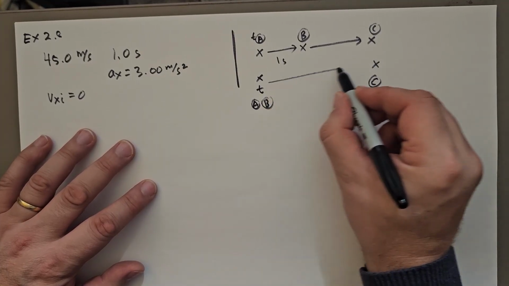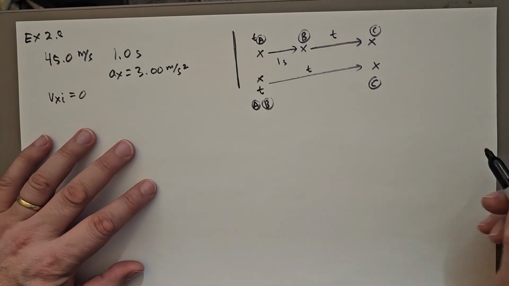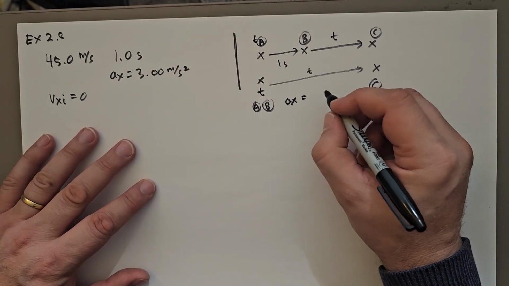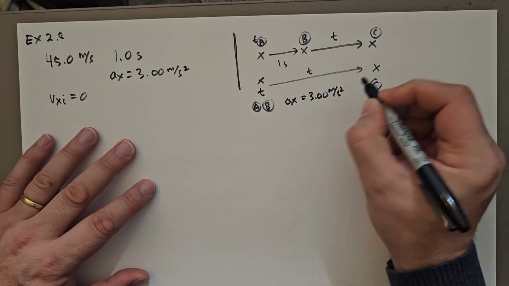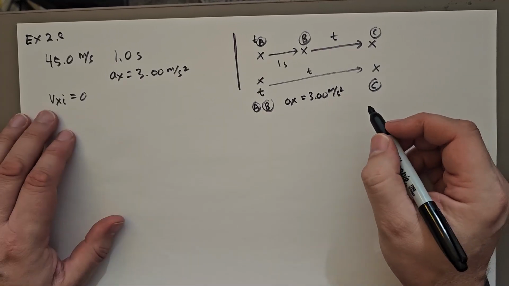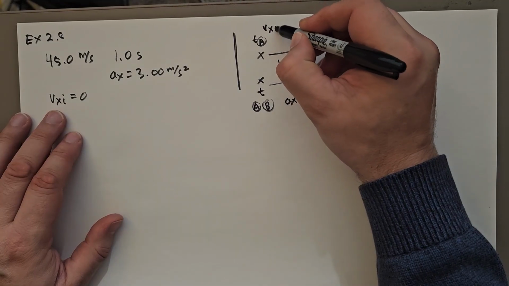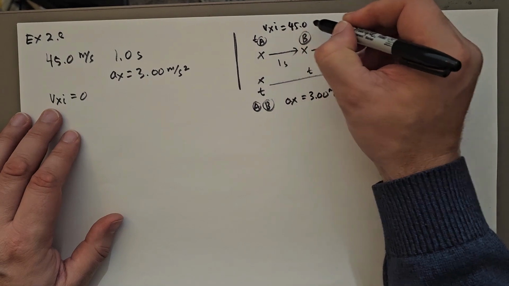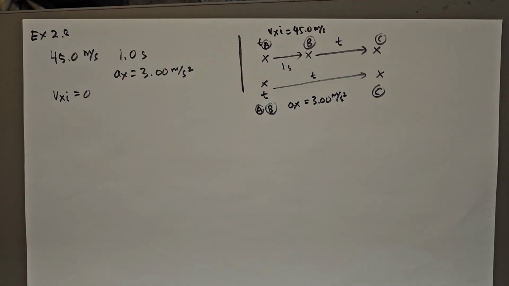So he is whoomp, okay? And I'm just going to put t for that time. Okay, and his acceleration is 3.00 meters per second squared. And so the car's velocity is the same. It doesn't change. He doesn't slow down or speed up.